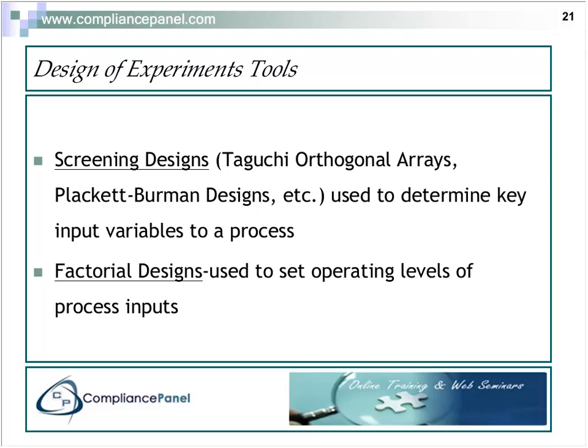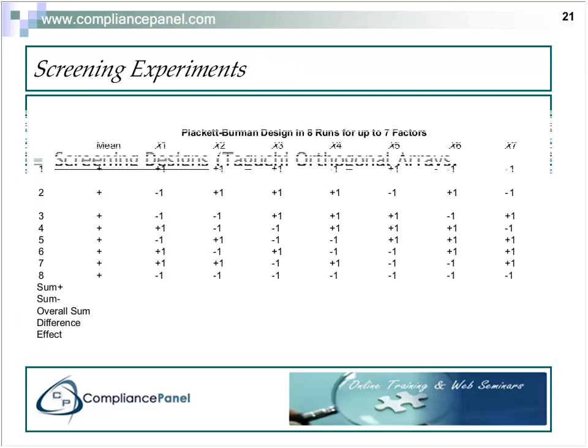So the screening designs help separate those out. The next tool are the factorial designs, and those are used to set the operating level of those process inputs. So after we have determined what those key process inputs are for our production process, then we use the factorial designs to set the actual operating level of our manufacturing process so that we can reproduce the product.